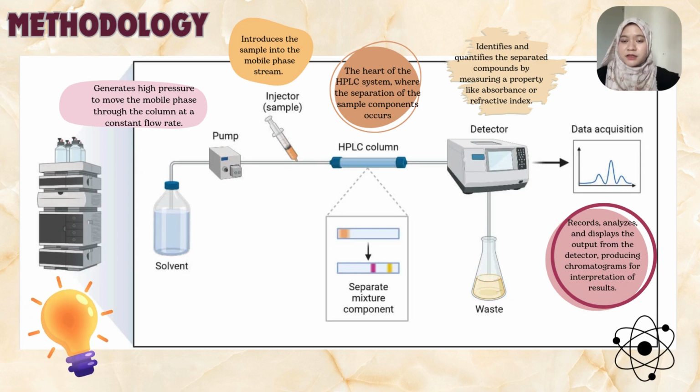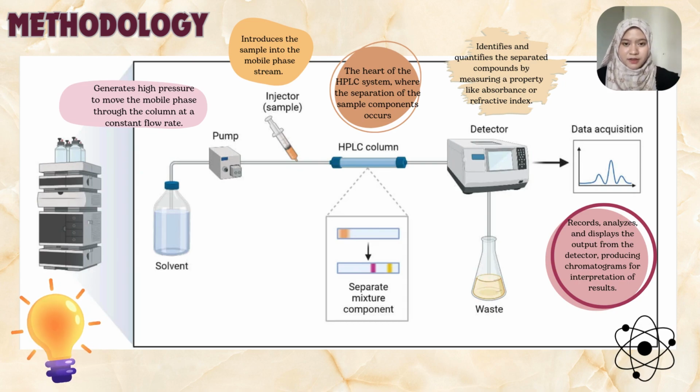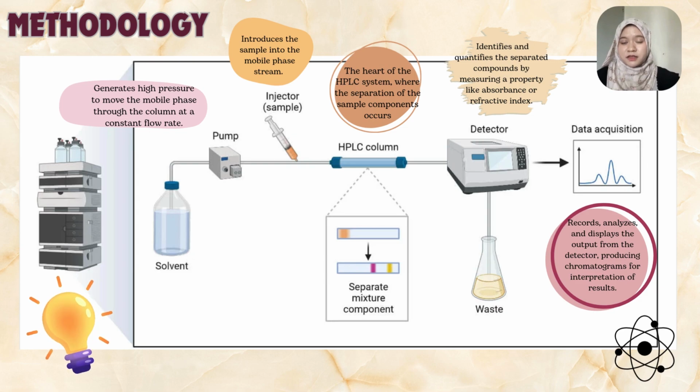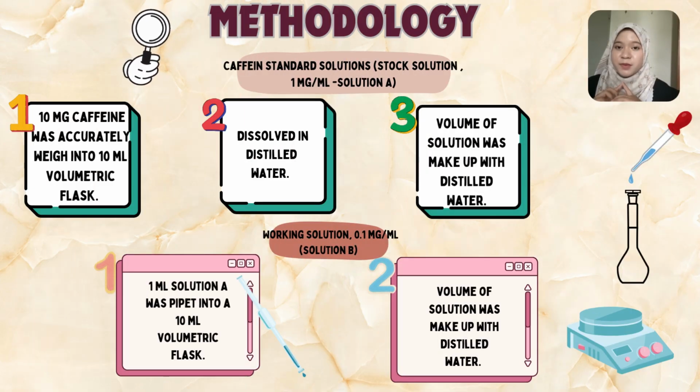The next part is the detector, which identifies and quantifies the separated compounds by measuring a property like absorbance or refractive index. The last part is the data system, a computer, that records and displays chromatograms showing detection time and peak areas for analysis.